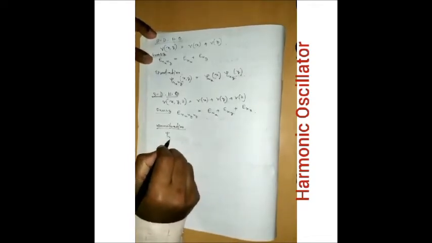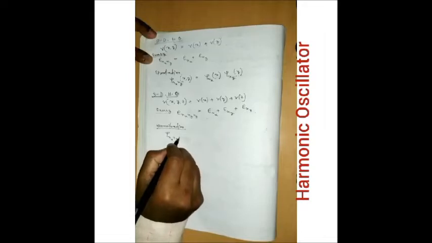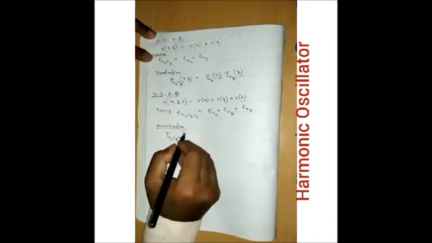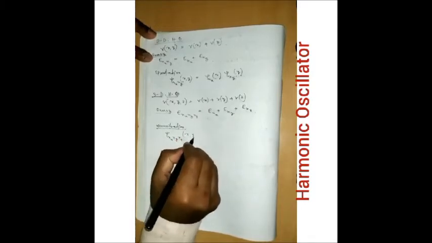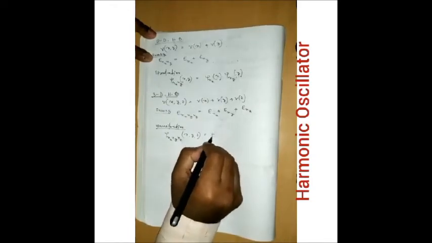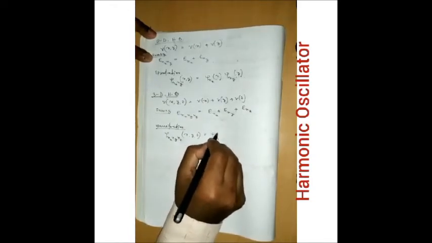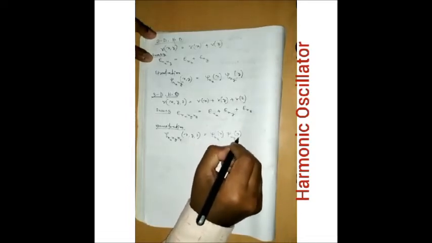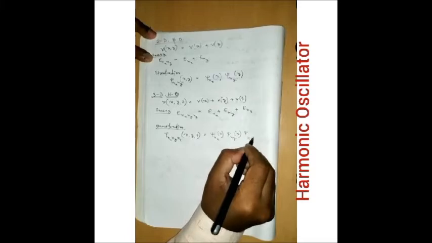This will be psi nx ny nz, a function of all three variables x, y, z, where psi nx is a function of x, psi ny is a function of y, and psi nz is a function of z.